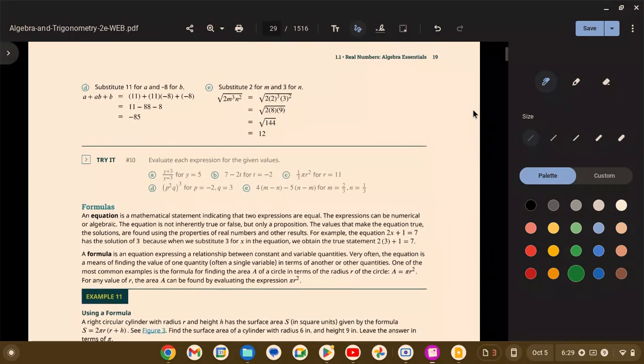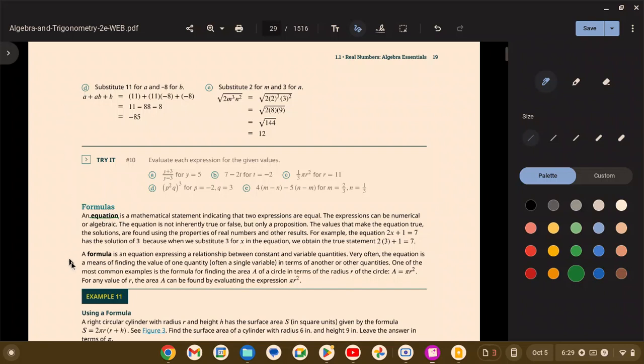Formulas. An equation is a mathematical statement indicating that two expressions are equal. The expressions can be numerical or algebraic. The equation is not inherently true or false, but only a proposition. The values that make the equation true, the solutions, are found using the properties of real numbers and other results. For example, the equation 2x plus 1 equals 7 has the solution 3, because when we substitute 3 in for x into the equation, we obtain the true statement 2 times 3 plus 1 equals 7.